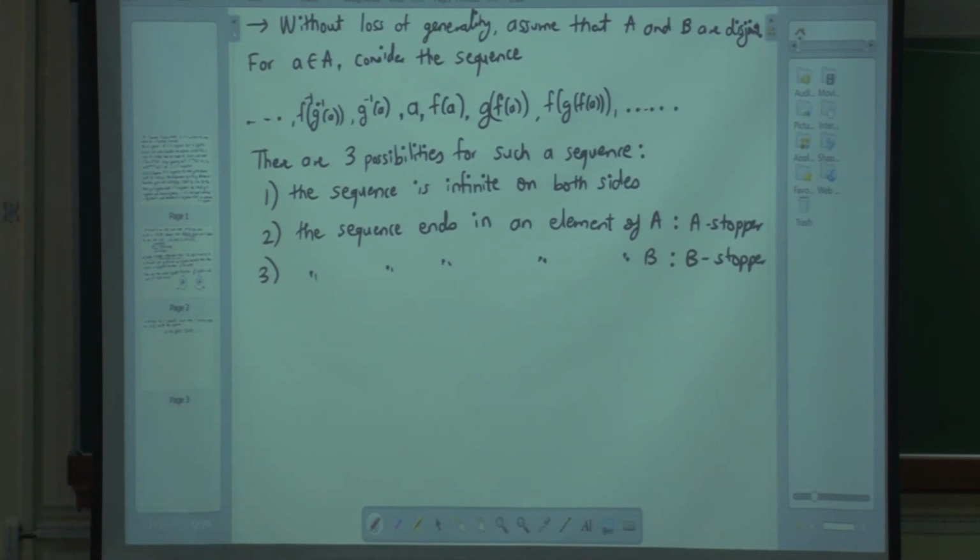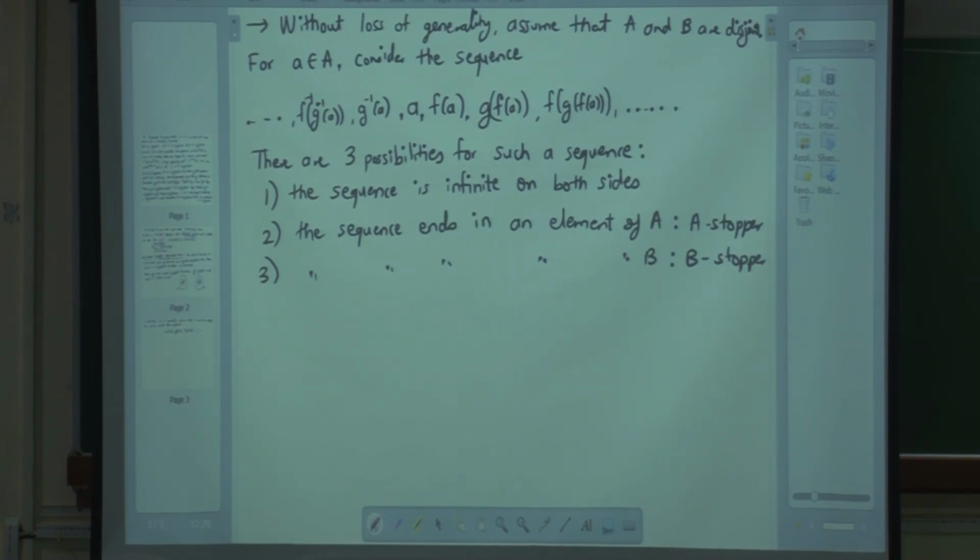It can obviously happen that we have one element of A, so a maps to F of a and G of F of a is equal to a. It's a perfect cycle. We keep repeating, and that doesn't matter. That also falls under the first case.